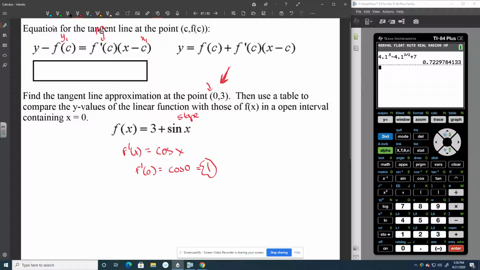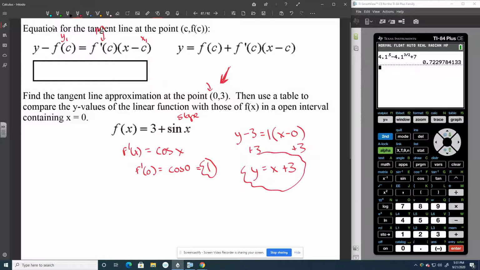So when I plug that in, I get y minus y1, my 3, is equal to my slope 1 times x minus 0. So when I add 3 to both sides, I just get y equals x plus 3. Because when I distribute that, the 0 is going to go away.